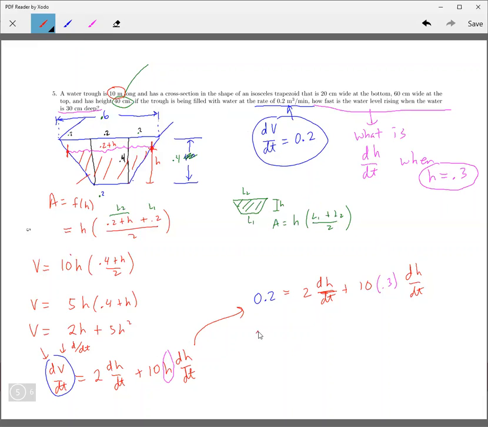So in the end, we have 0.2 equals 2 dh/dt plus 3 dh/dt. These two combine to be 5, so 2 plus 3 is 5.